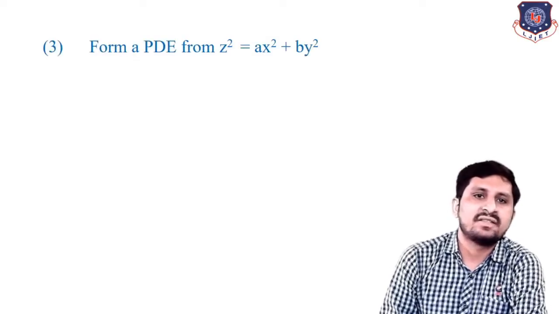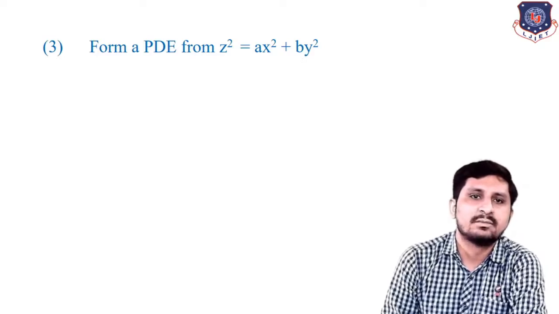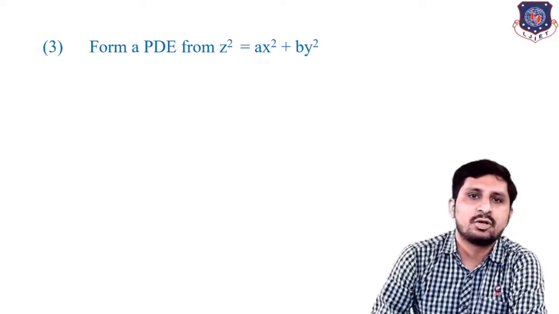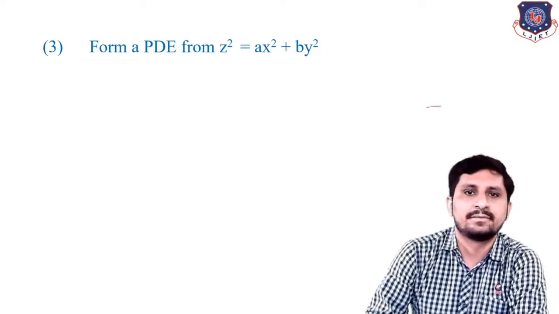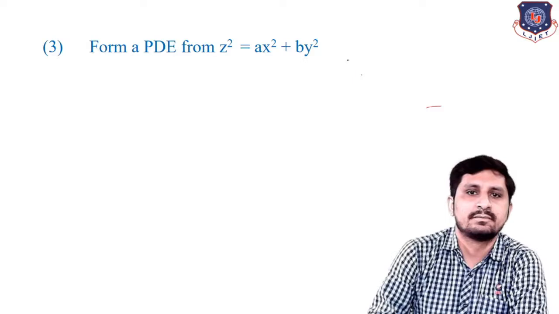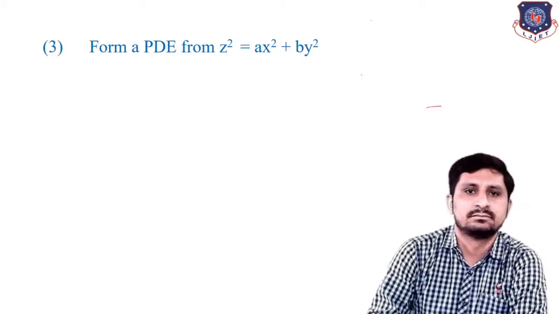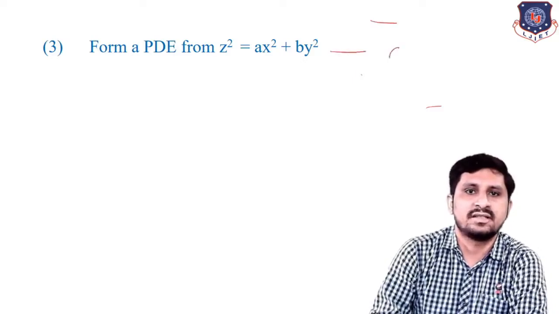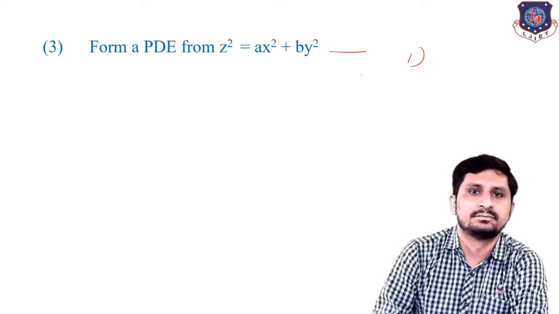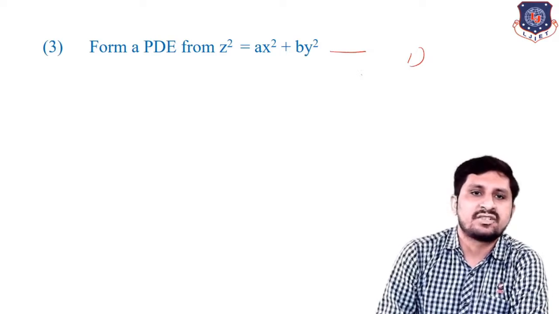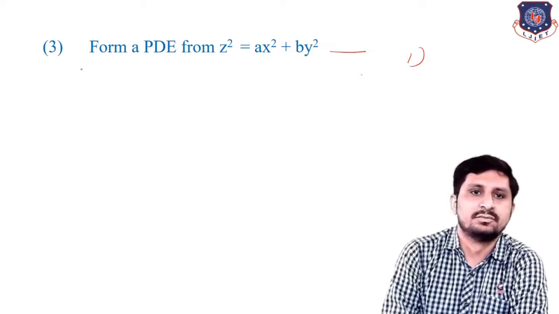Now next example. Form a partial differential equation from z square is equal to ax square plus by square. So call it equation number 1. Now we are taking partial differentiation with respect to x.